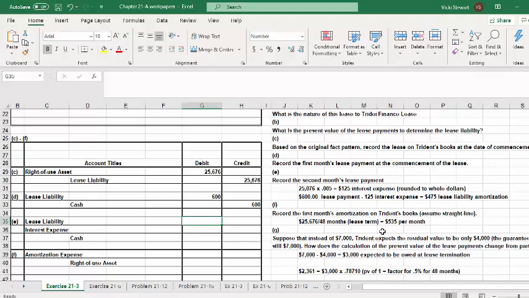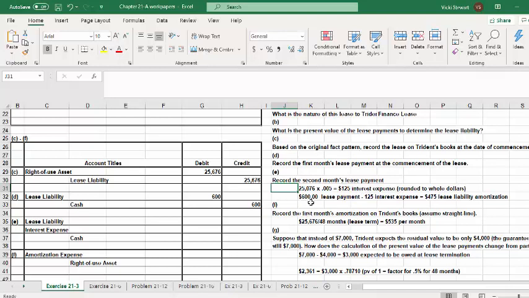In the E portion, it says record the second month's lease payment. So to determine the interest, we would take the carrying value of the lease, which at this point would be $25,076 because we made one lease payment that went directly to the lease liability. And if we multiply that by 0.005, which is the 0.5%, we get $125 of interest expense rounded to the nearest dollar.